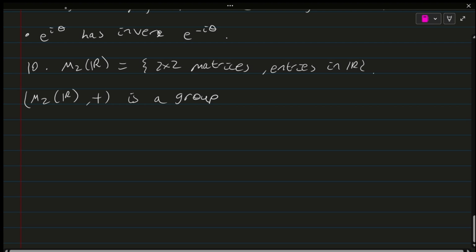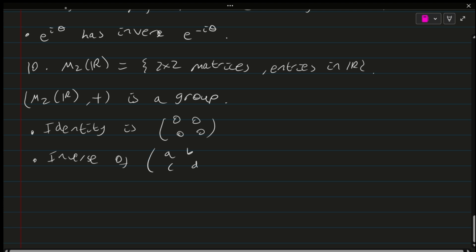So our identity is the 0 matrix, and the inverse of (A, B, C, D) is (minus A, minus B, minus C, minus D).